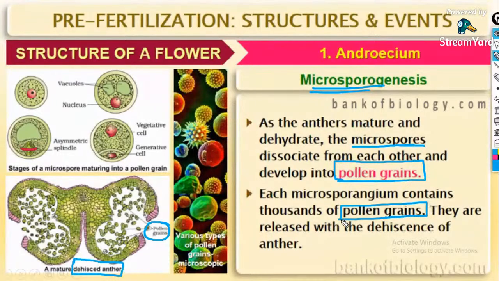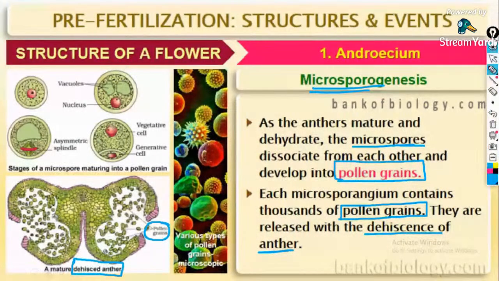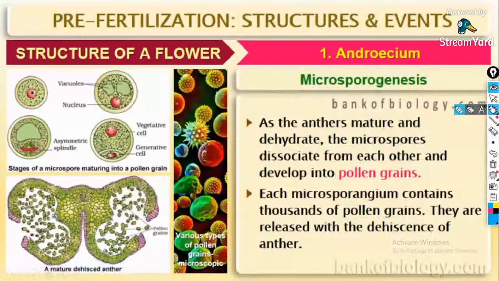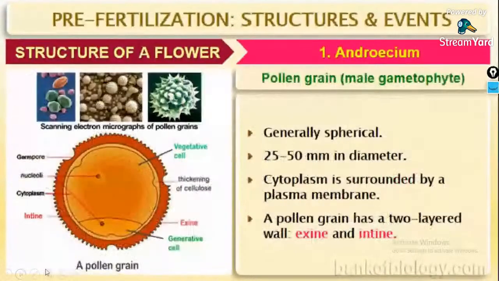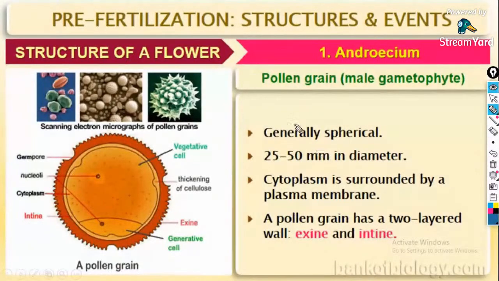Each microsporangium contains thousands of pollen grains, and they are released with the dehiscence of the anther. I hope you have all seen pollen grains. It is a yellow colored powdery substance in the male flowers. Next, we are going to discuss in detail the male gametophyte, that is, the pollen grain.